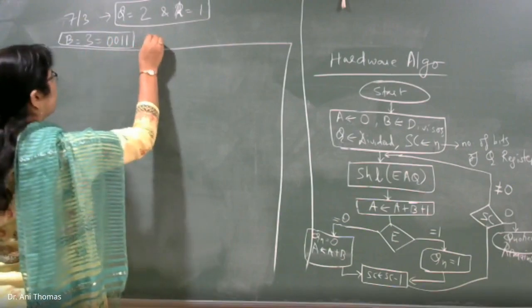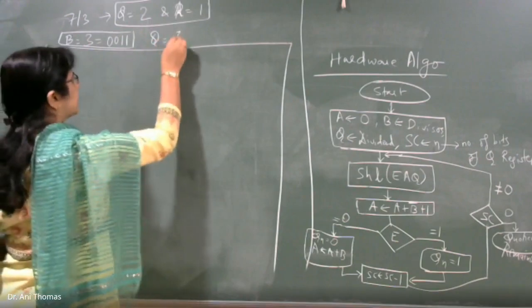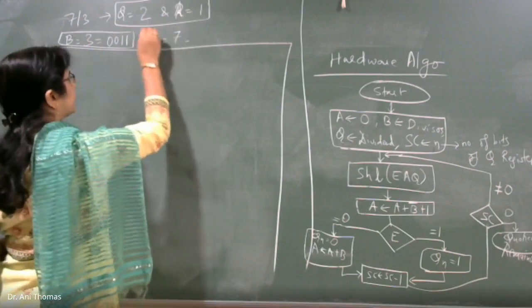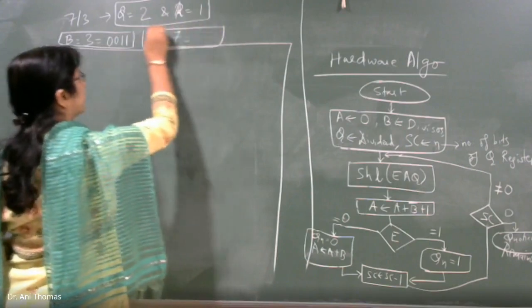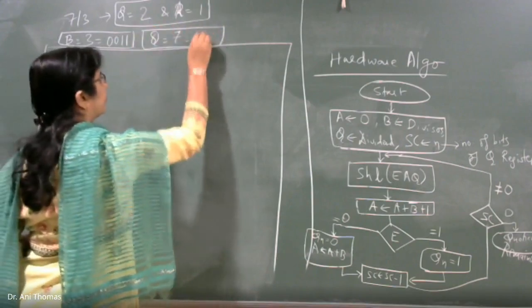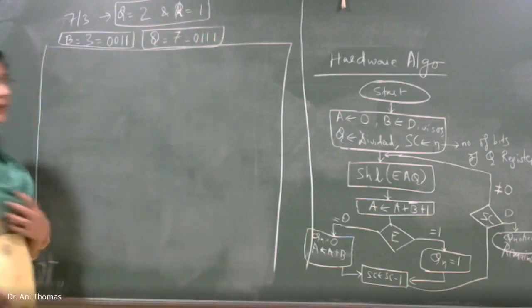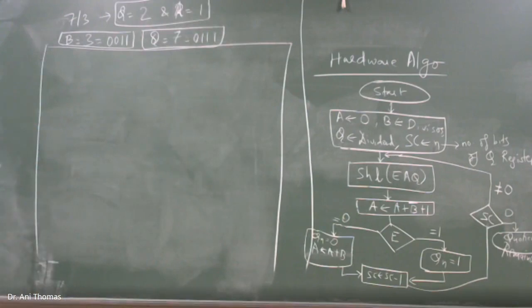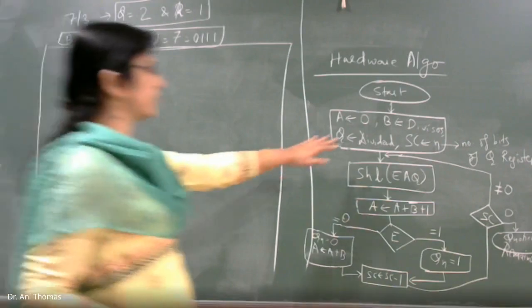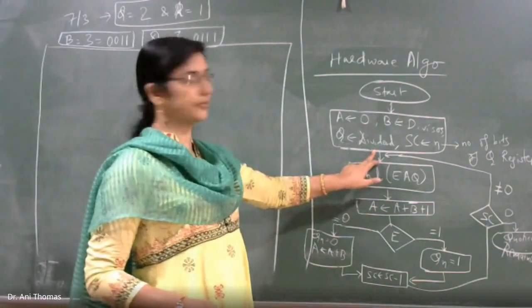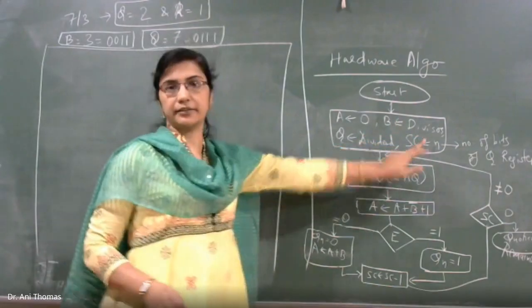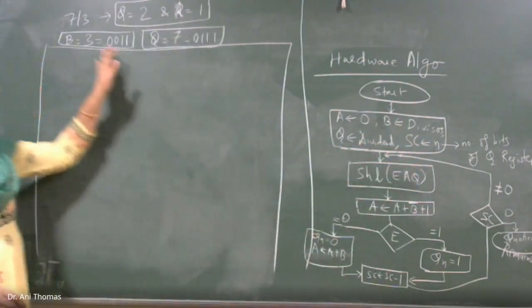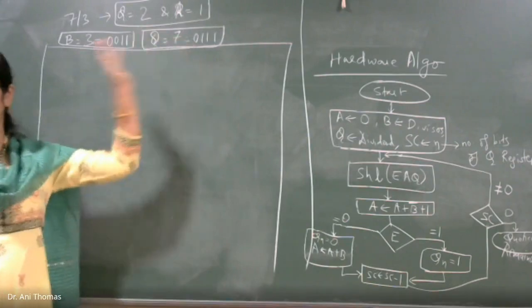What will be the value of Q? Q is the dividend, that is 7, which is 0, 1, 1, 1. So B is equal to 3 and Q is equal to 7.